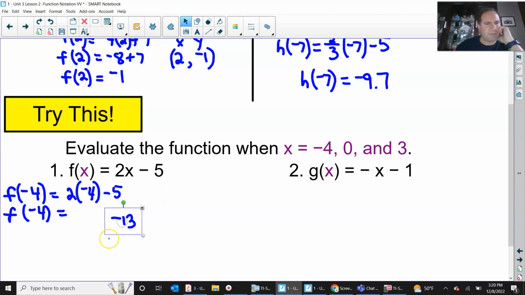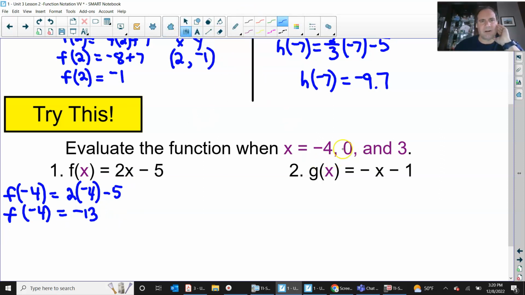The next one I'm going to do is 0. This should be nice and easy. F of 0 equals 2 times 0 minus 5, 0 minus 5. F of 0 is negative 5.